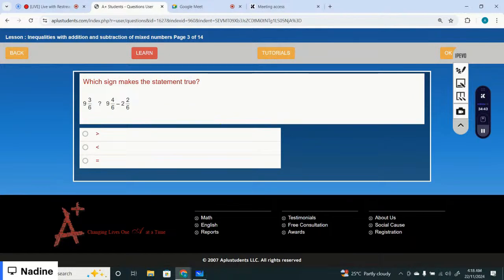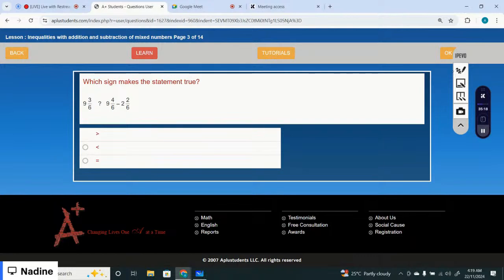The next one is 9 whole 3 by 6 and you have to compare it to 9 whole 4 by 6 minus 2 whole 2 by 6. So which is the correct option? You are subtracting, right? So that means 9 whole 3 by 6 is greater because 9 minus 2 is 7.